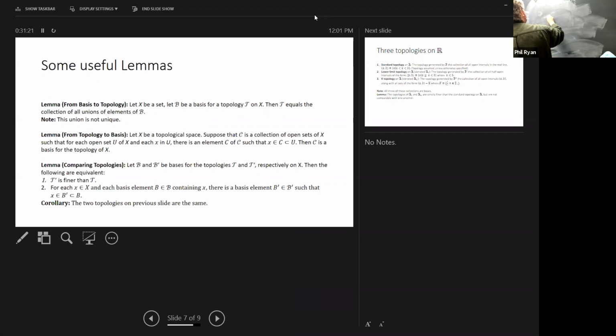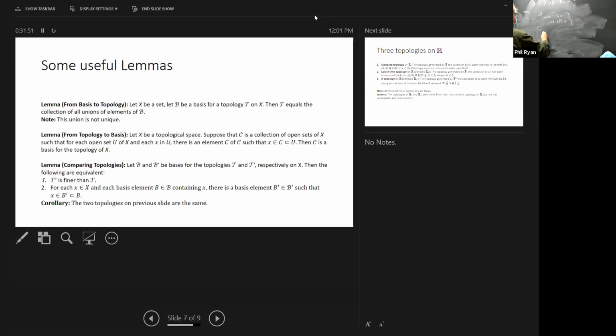since the basis elements B are actually open sets themselves, and unions of B lie in T. Okay, so this collection definitely lies within that topology. Let's go the other direction, the converse direction.